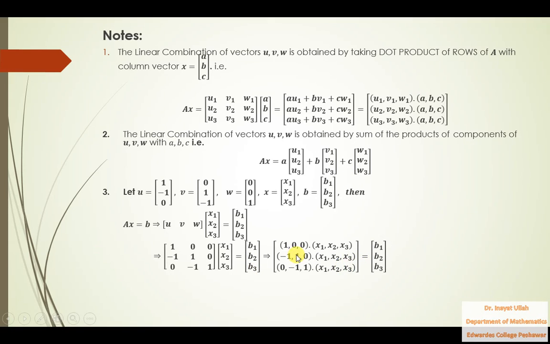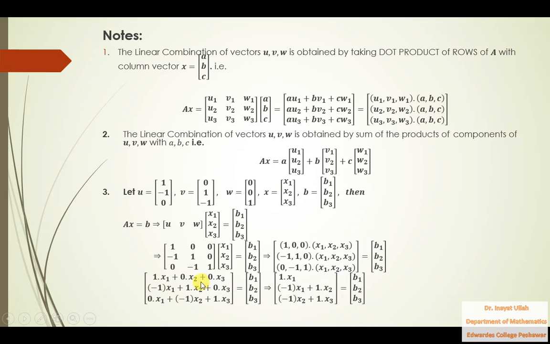Now how could we take the dot product of these two vectors? 1 into x1 plus 0 into x2 plus 0 into x3. Similarly, that is -1 into x1 plus 1 into x2 plus 0 into x3. And here again 0 into x1 minus 1 into x2 plus 1 into x3.